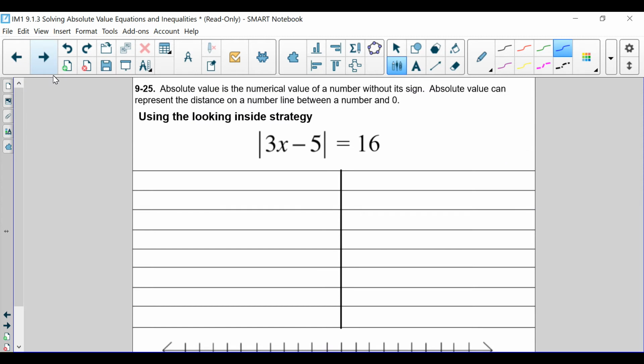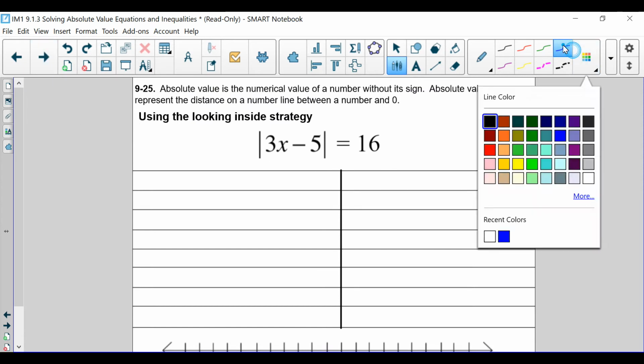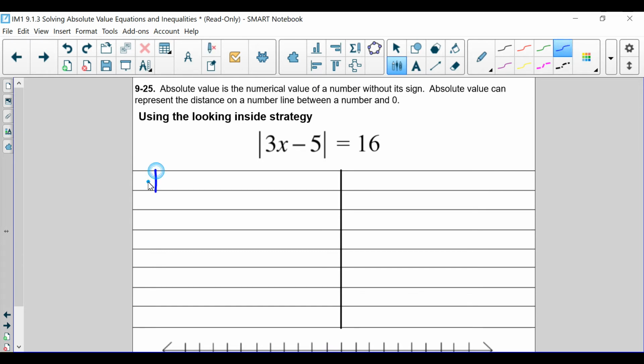Alright, and continuing on, what if we have this scenario here? Remember, with absolute values, you do have the possibility of a positive answer or a negative answer. So we've got the positive answer where we keep it positive, and we've got the negative answer where we make the answer negative. Let's start with the positive side.